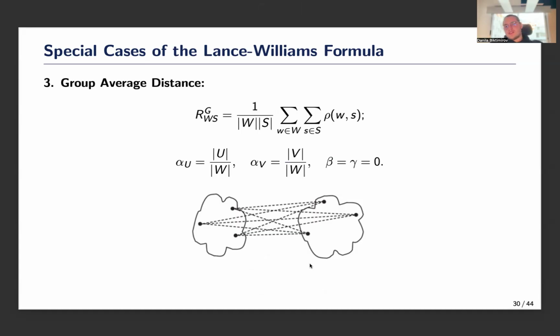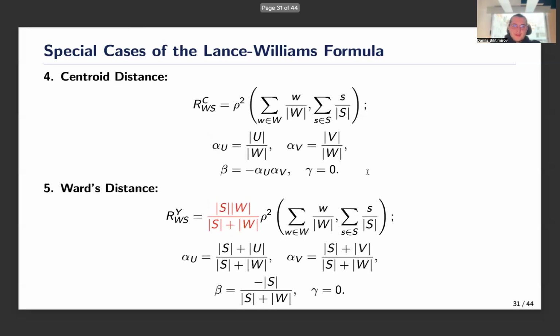The distance between clusters is defined as the average of all pairwise distances between points in the two clusters. So it's pretty clear. We get these parameters for this formula.